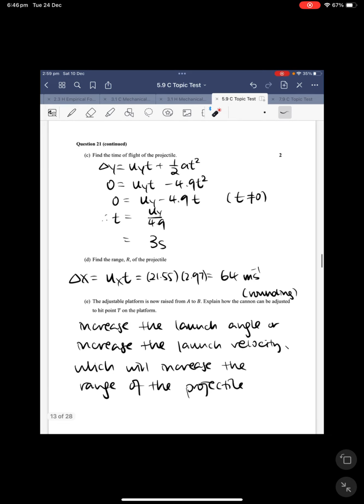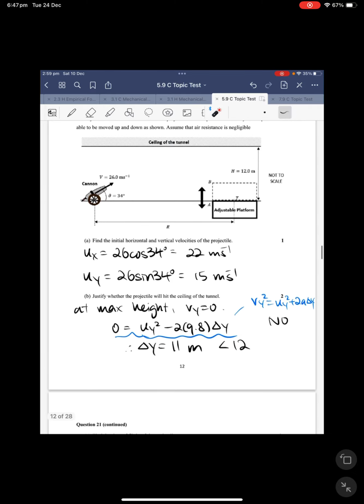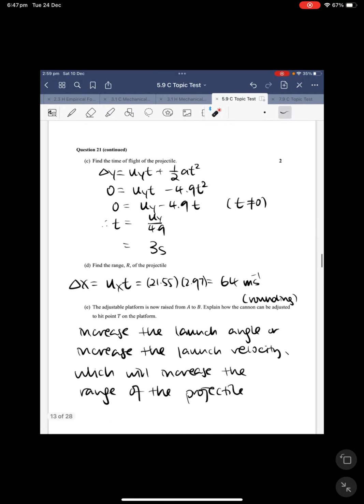21C says, find the time of flight of the projectile. We can use our equation, s equals ut plus half at squared. When the projectile lands again on the ground, its vertical displacement, its delta y, is going to be 0, right?